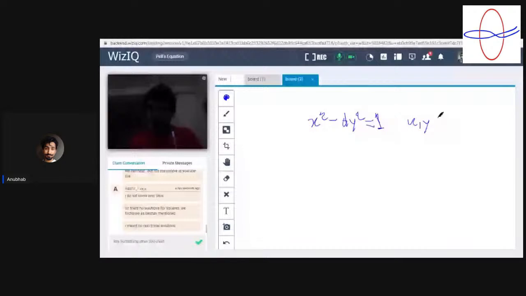D is an integer, and d is not equal to some perfect square. So how do we get into solving it? Any ideas?